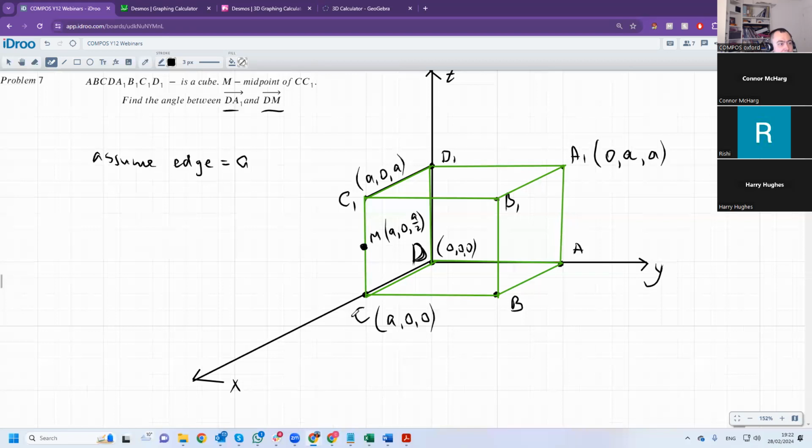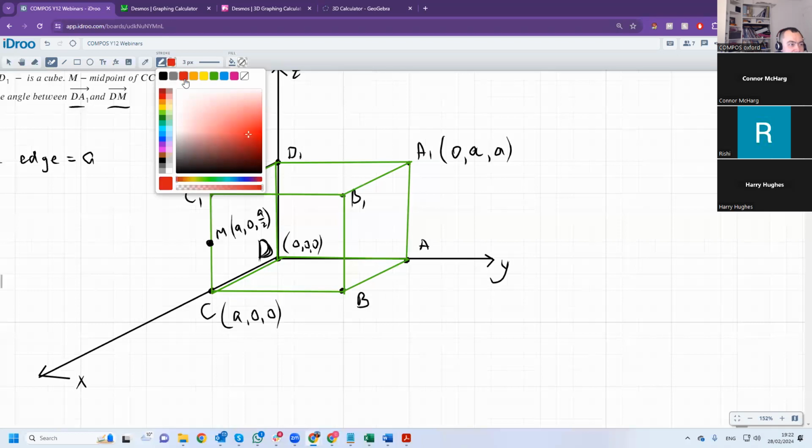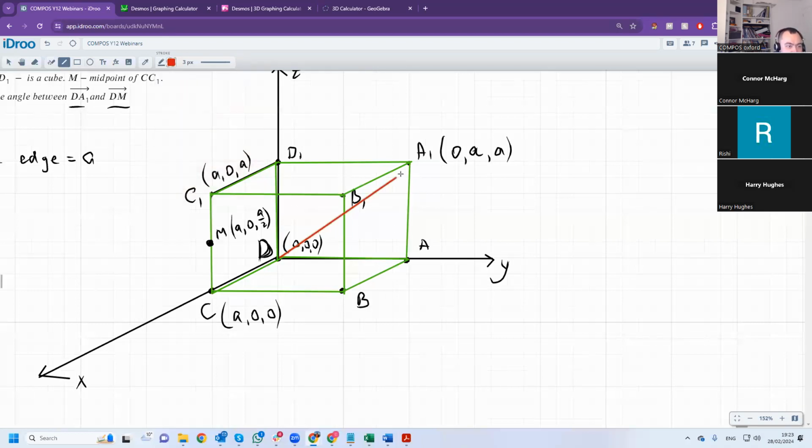And then it becomes really simple, because all we need to do is find the vectors in question: DA1 and DM.